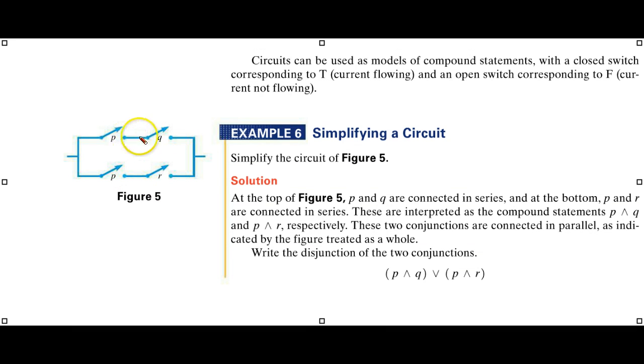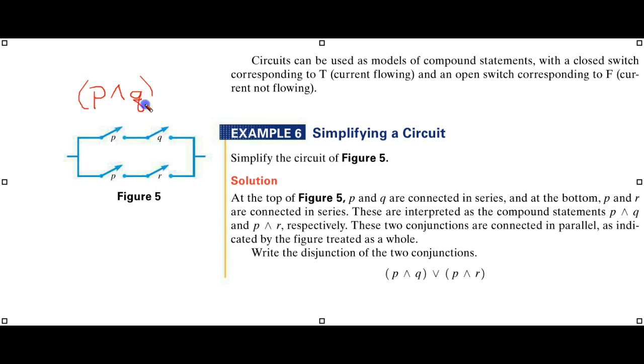So here we see these are parallel currents here. So to get the switches to work, to get this side to work, both must be down. So we have to have P and Q work there.